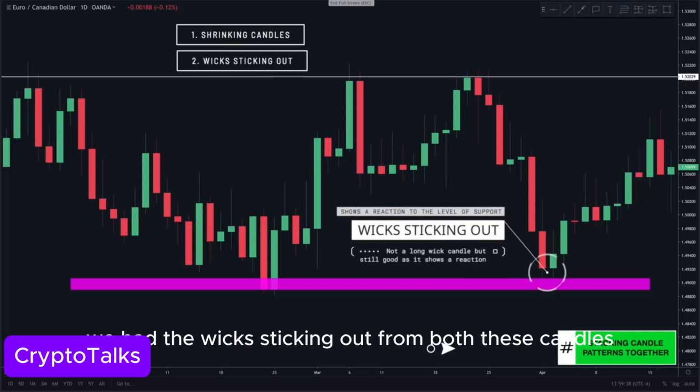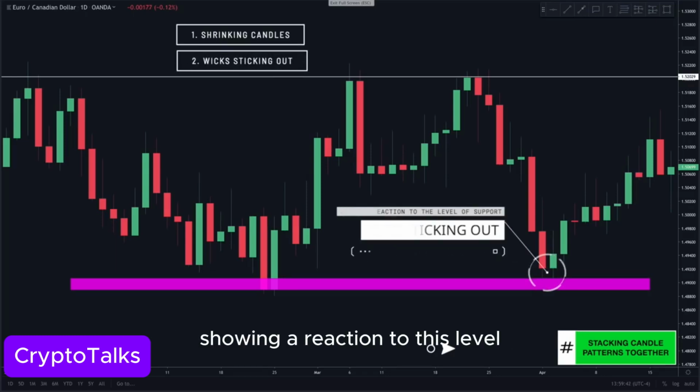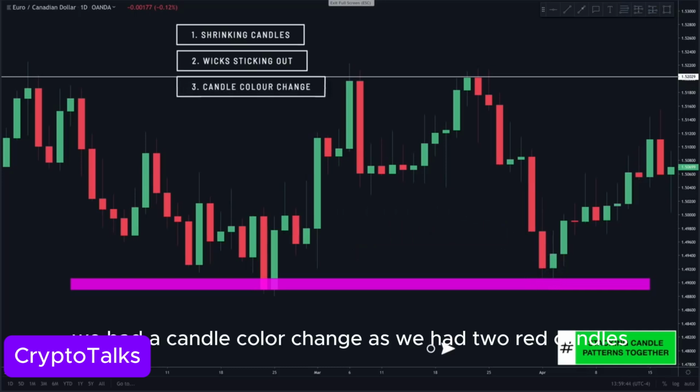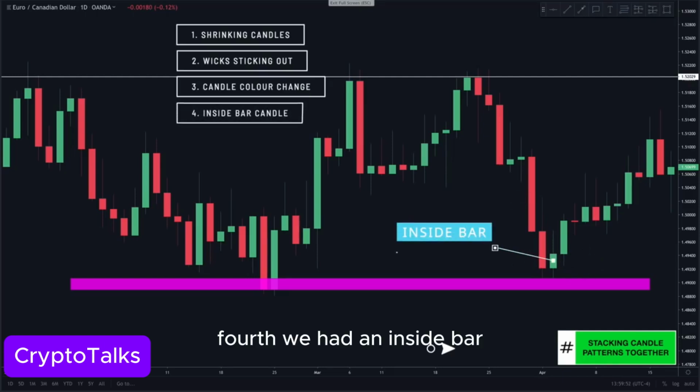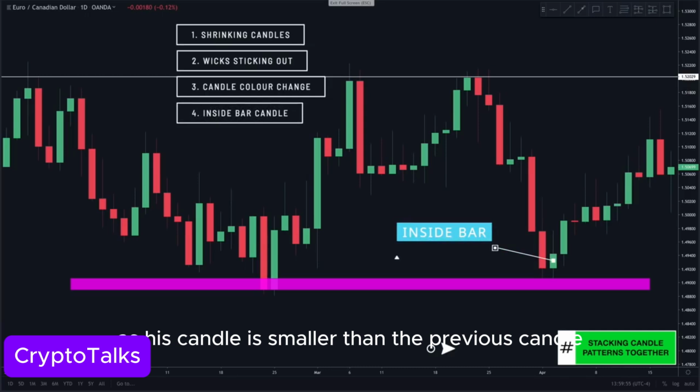Second, a long wick candle showing a reaction to this level. Third, we had a candle color change as we had two red candles, which shows momentum loss. Fourth, we had an inside bar, as this candle is smaller than the previous candle.